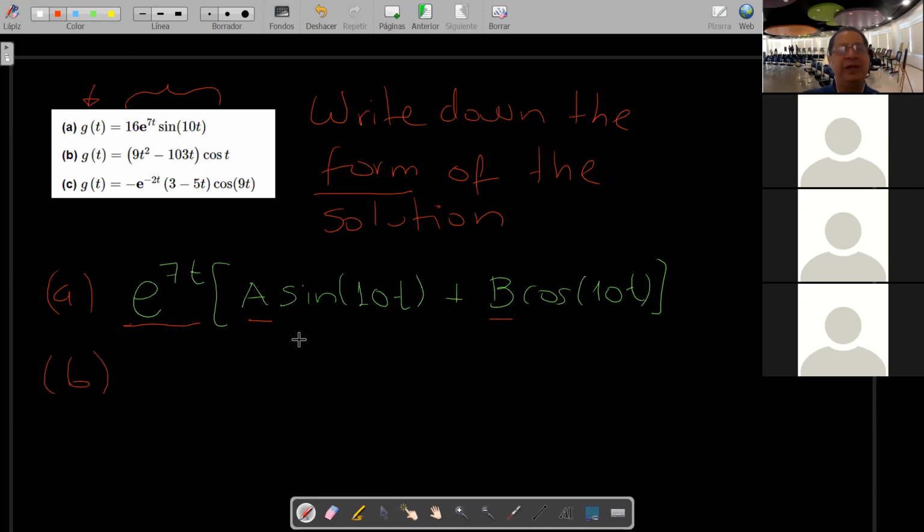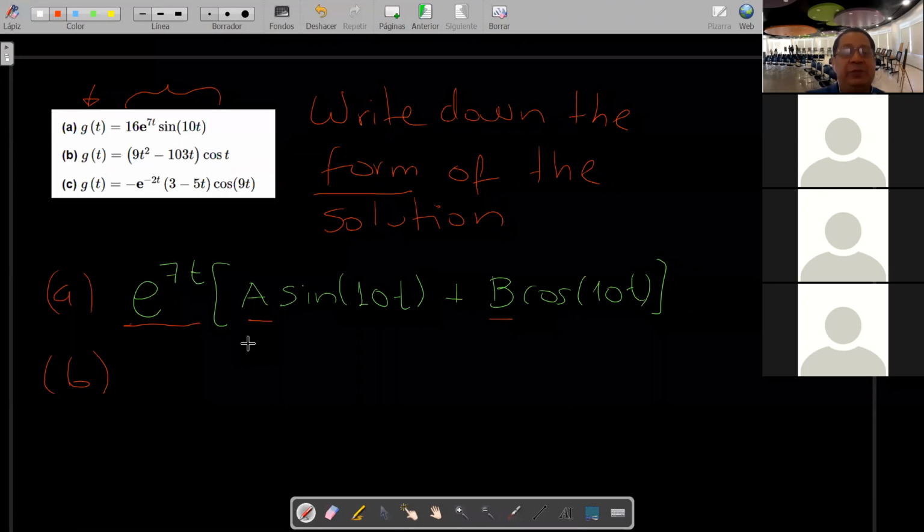So in the second case, you tell me, please, what is the guess for your solution? In this case, we don't have any exponential, but we have the product of the basic function, which is a polynomial, times another basic function, which is a cosine.